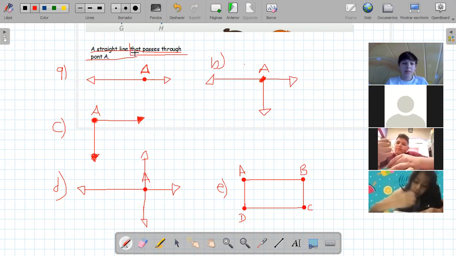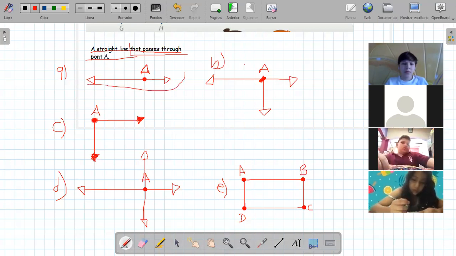A straight line that passes through a point A. This is a straight line. It says passes through a point A. I make a point and write the letter A. So you have to follow the instructions.